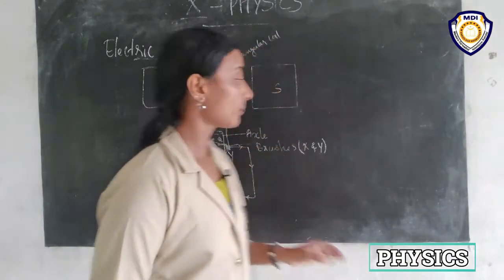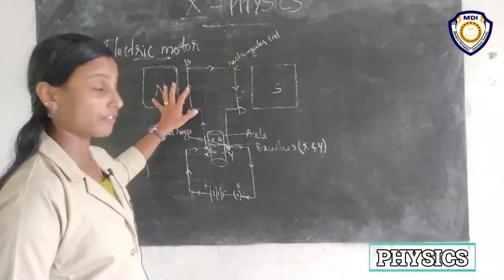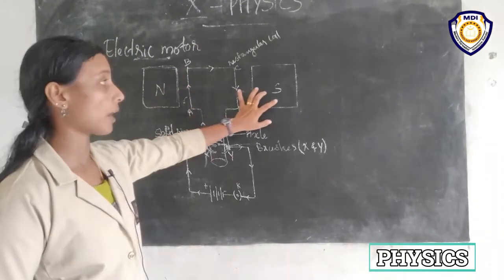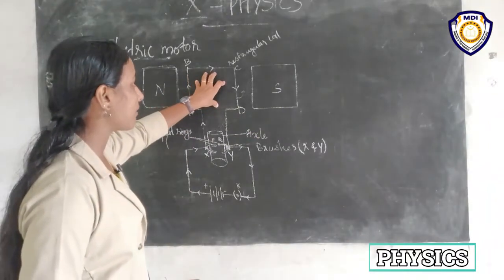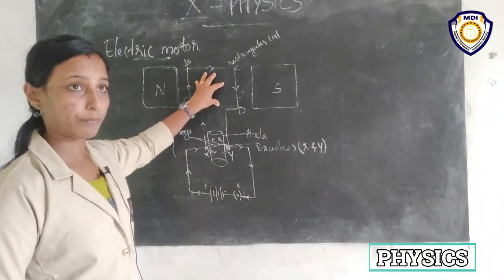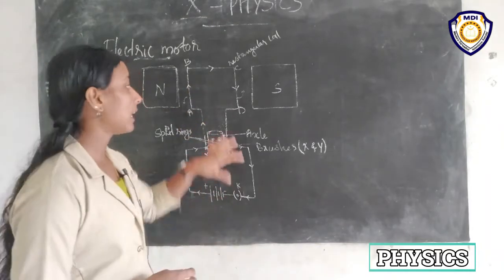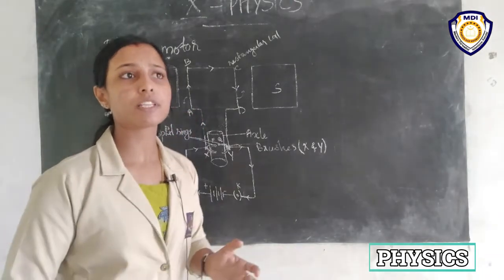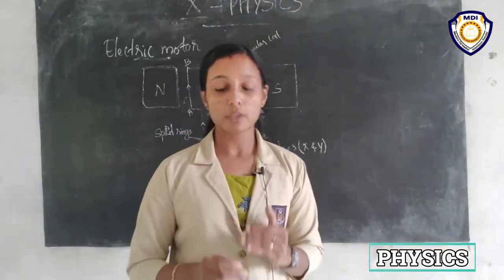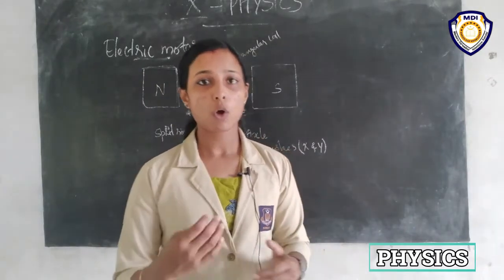Okay, so here we have a magnetic field that is produced by this north pole and south pole, and here we have a rectangular coil. In commercial electric motors we use an armature. Armature means a soft iron core on which the coil is wound, a copper coil like that.